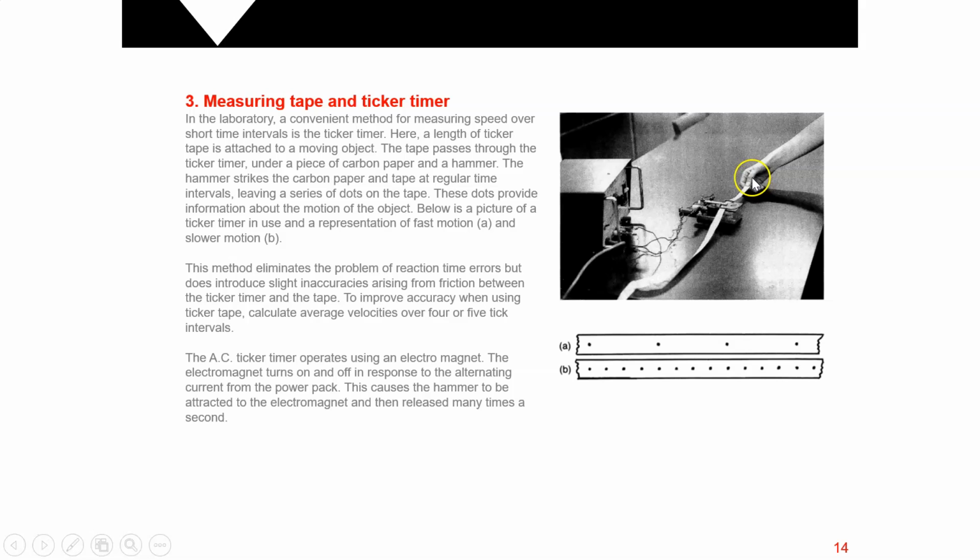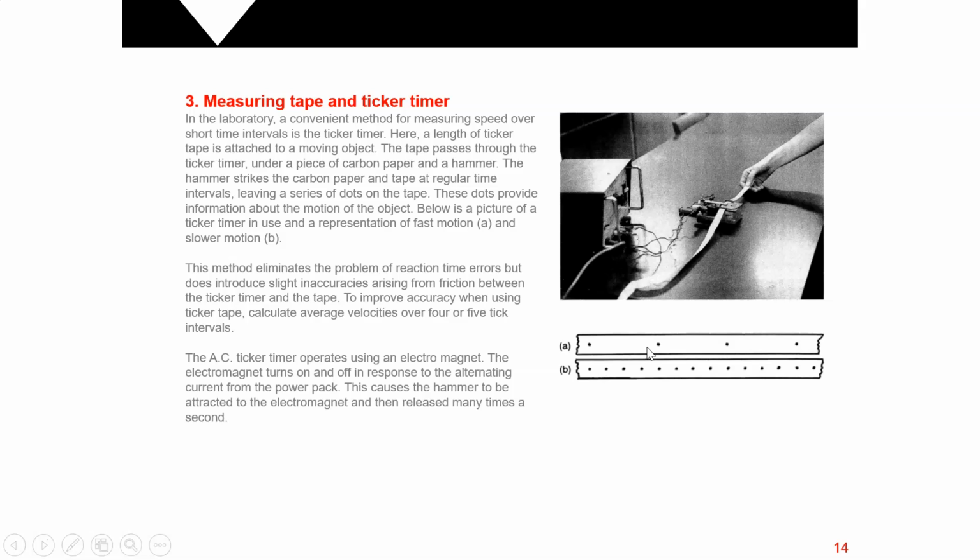Say I have a toy car, and this little contraption is printing dots onto the carbon paper, and as the object moves it threads the paper through the machine, and because we know the time interval at which those dots are being printed, we can use this information to determine an average velocity because we have a distance that the object has moved over a certain time period.